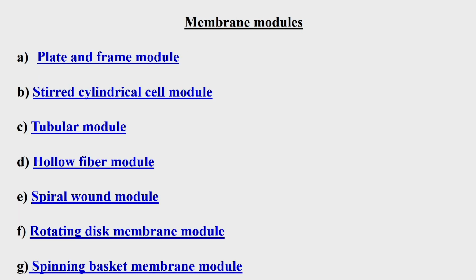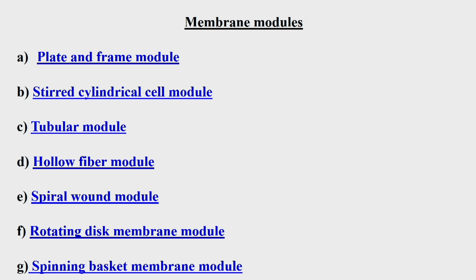Okay, so now we will be discussing the membrane module. There are many different types of modules available for industrial application, and for academic research also, at the lab scale, the pilot scale, or industrial scales. The first type of simple module is the plate and frame filter, that is, the plate and frame membrane module.